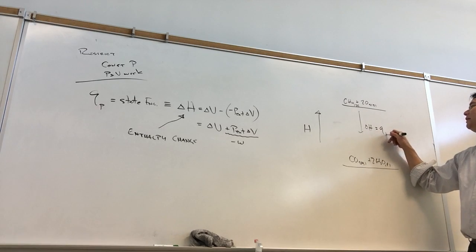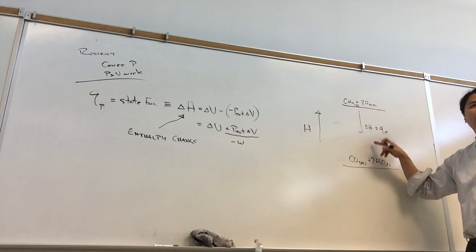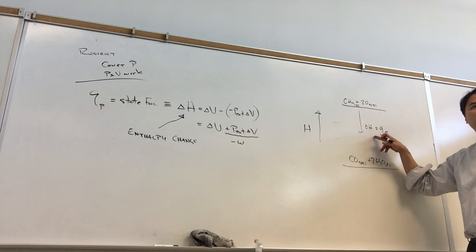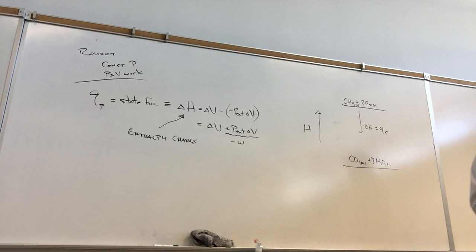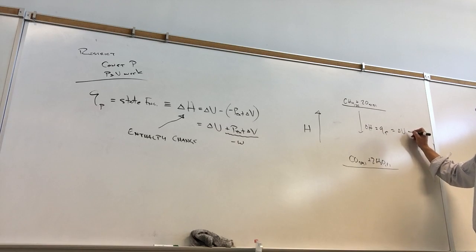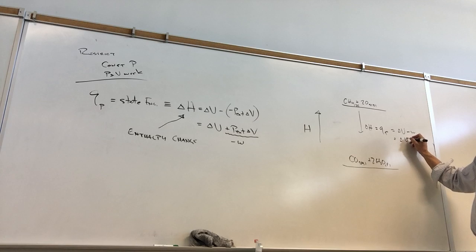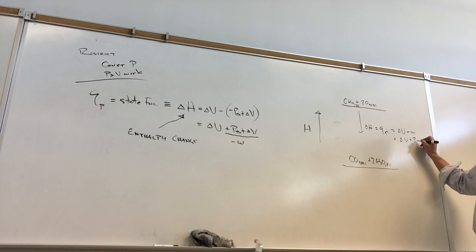Delta H is QP. So each time I burn this, I'm going to get the same amount of heat, which I call QP, which is delta H. QP is not necessarily a state function, but QP with these restrictions is. And so this is going to equal delta U minus the W, which is delta U plus P external delta V of the system.